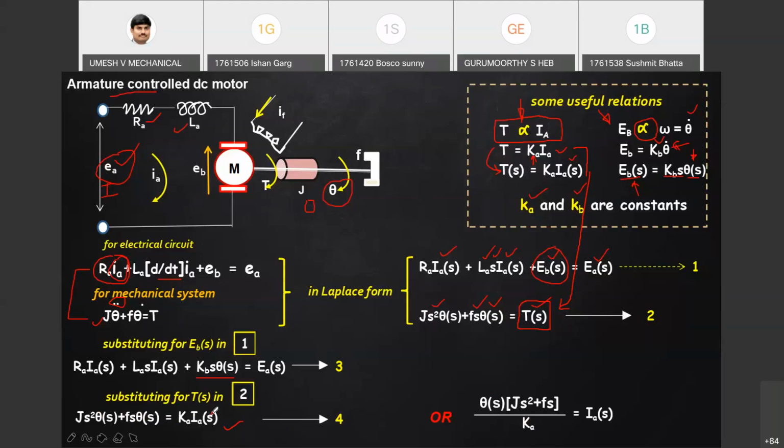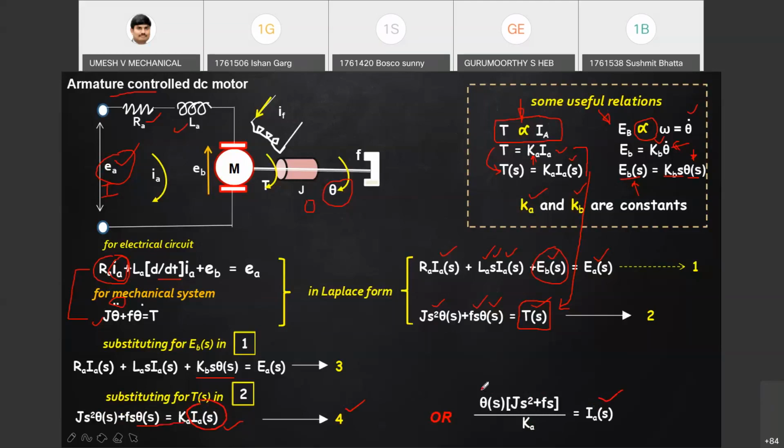Or this 4 can also be written as, if you separate Ia(s) on the right hand side, and on the left hand side you have this part, theta(s) equals Ka into Ia(s). If I want only Ia(s), then send this Ka to the other side, it is divided.